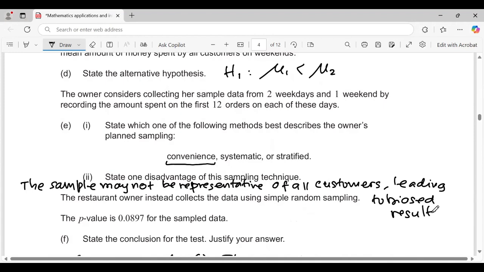Okay. So this is the answer of part two.